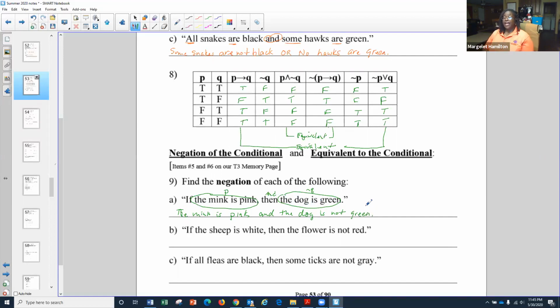And there's our negation to our conditional statement. Keep the P the same. Change the if then to and. Then negate the second statement. All right, let's try these other two.